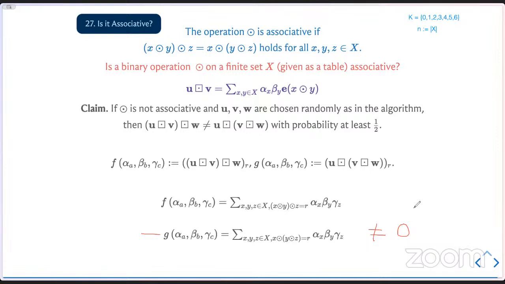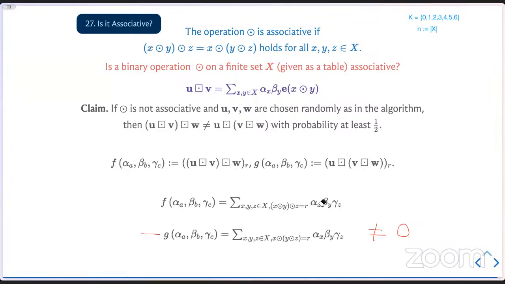But the fact that we see the same entries at the rth index means that we have picked random values for these in such a way that we have ended up with a zero of this polynomial. This is a degree 3 polynomial, a non-zero polynomial of degree 3. We have picked random entries from a set which has 6 elements.